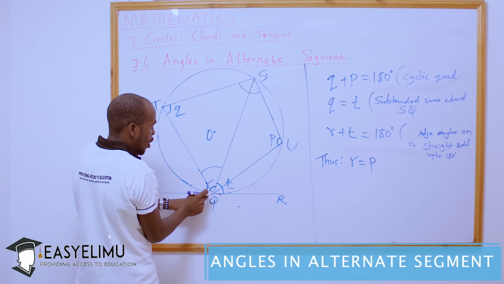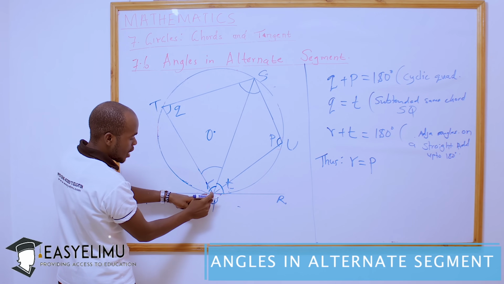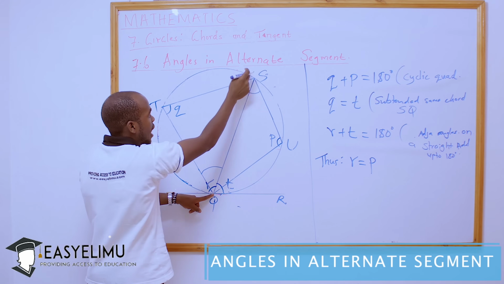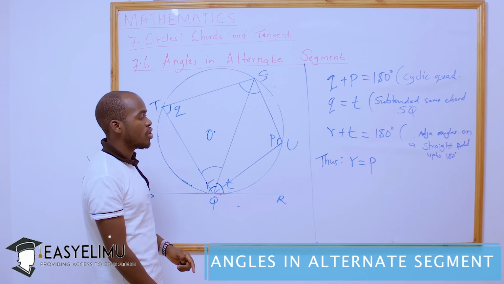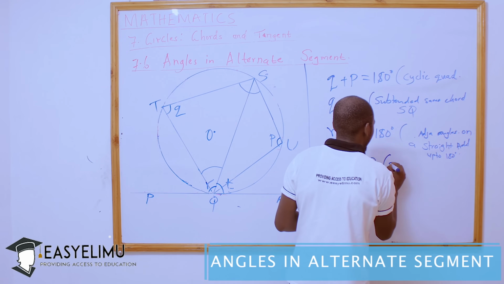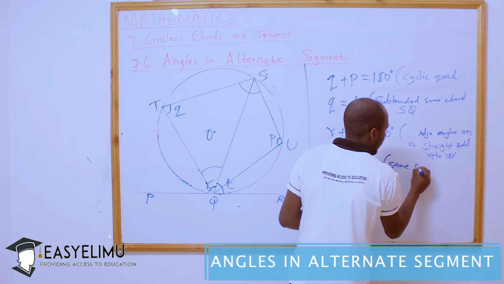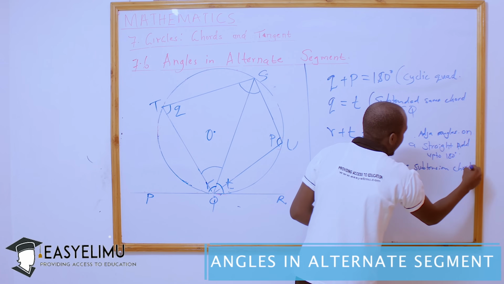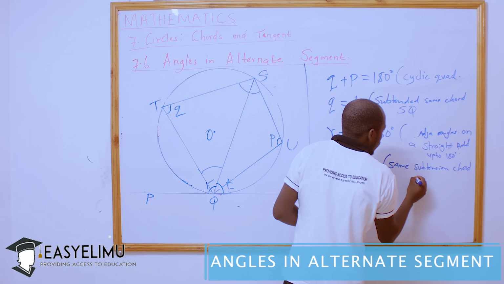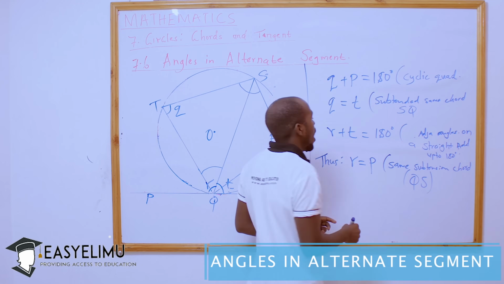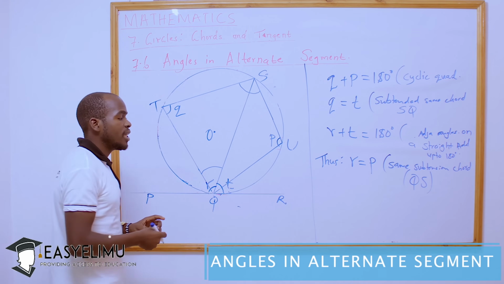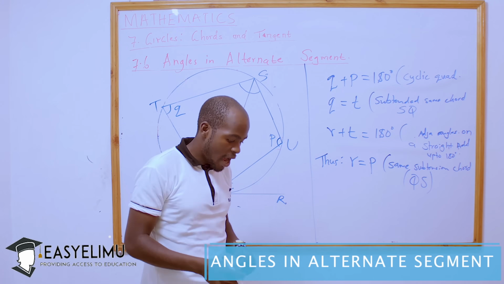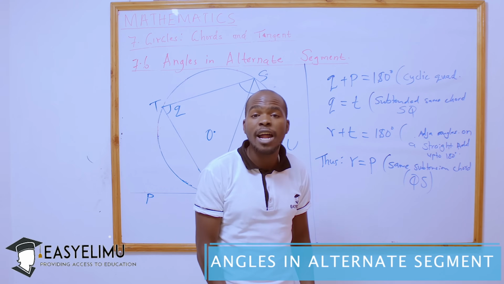The same applies to angle R, in this position, which is subtended by the same arc length QT and then S. So they are subtended by the same chord QS, or the same arc length QTS. And that is how we find angles in alternate segment, and some more can be given out.